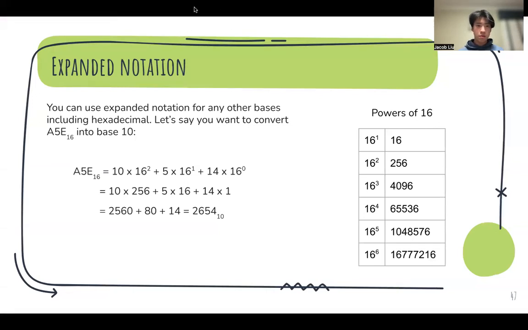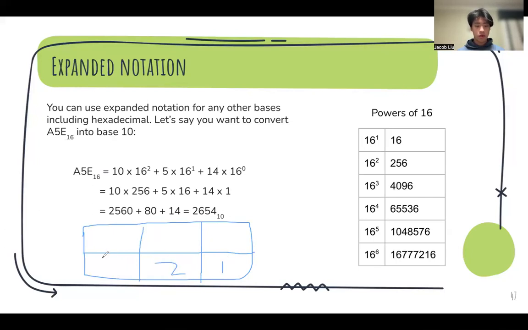Now you can also do the table method. So let me show you. When we converted from binary, remember in the bottom row, we put 1, 2, 4, and then we multiplied by 2 every time.